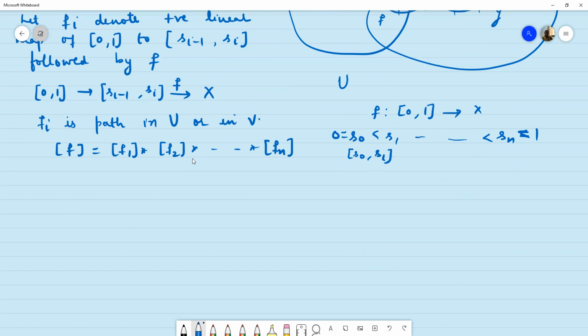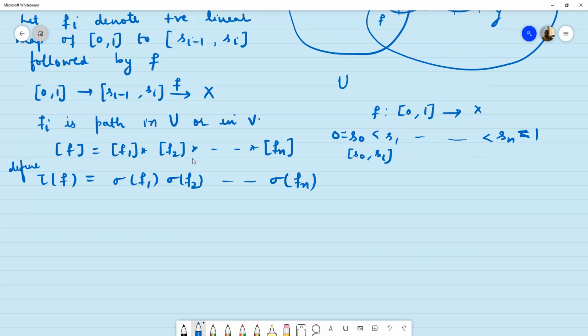Now, because we have to define tau to be the extension of sigma which satisfies conditions 1 and 2, we have to define tau in such a manner that tau of f is equal to sigma of f1, sigma of f2, up to sigma of fn. So we define tau f to be sigma f1, sigma f2, ..., sigma fn.